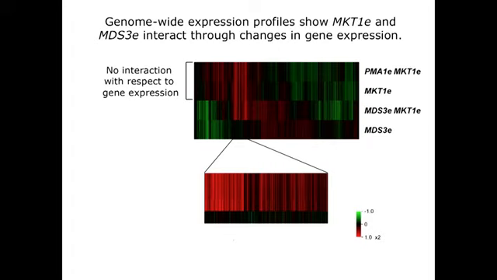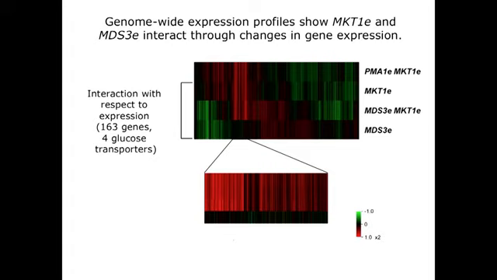PMA1E has remarkably little effect on transcriptional patterns. In fact, none that we can detect, remarkably. MKT1 has a huge effect on transcription. So the interaction here is something other than a global interaction at the level of the transcriptome.